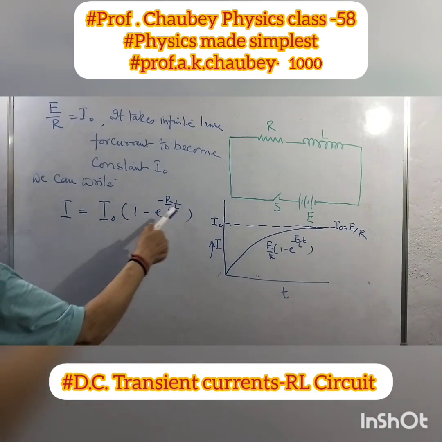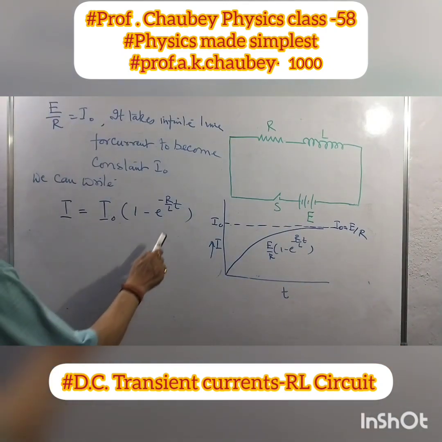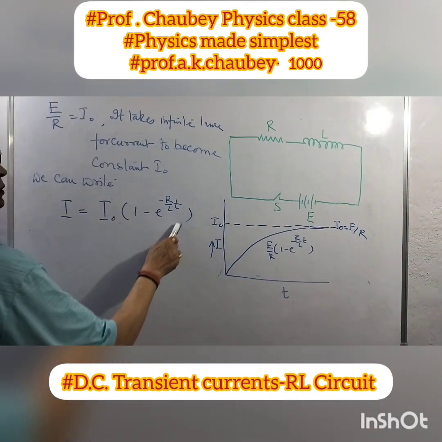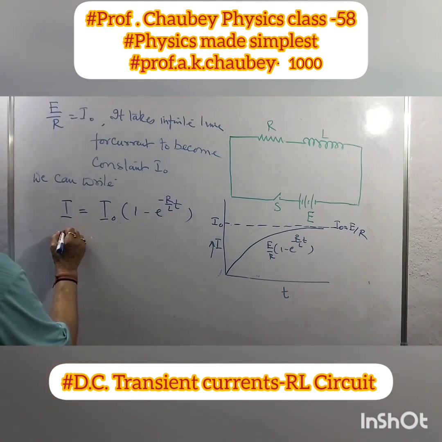This gives exponential increase of the current. Current becomes maximum. At t infinity, this becomes 0. So current becomes maximum.